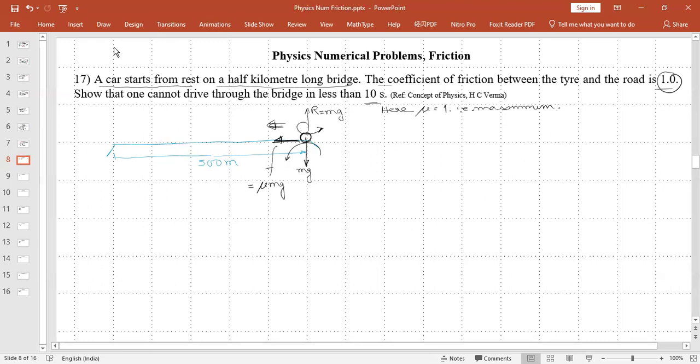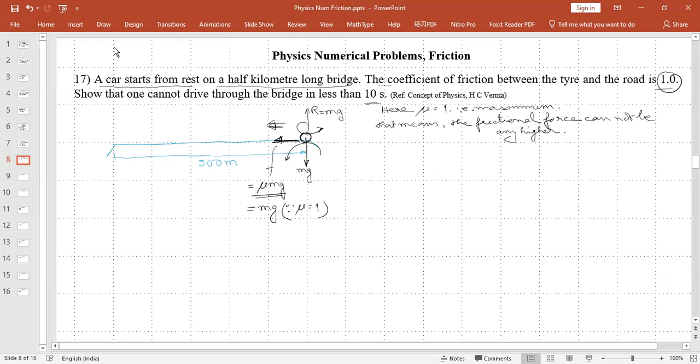That means the frictional force cannot be higher than mu mg, and since mu is equal to 1, this is equal to mg.